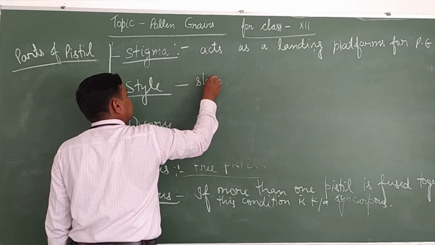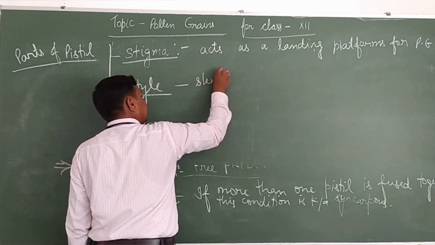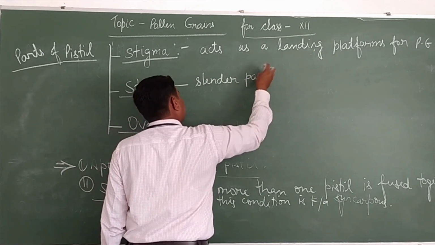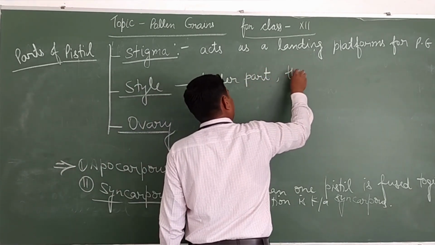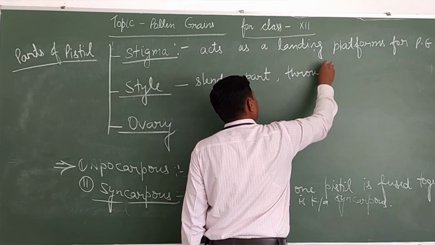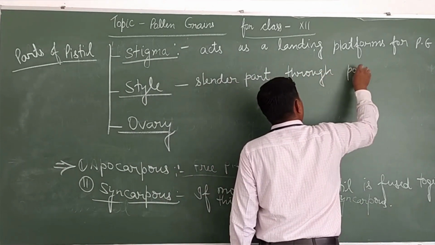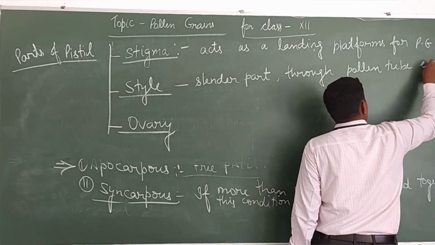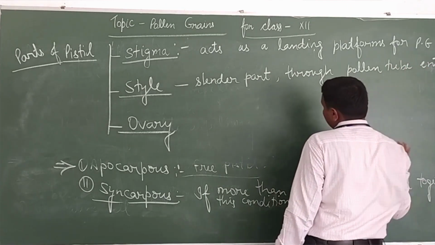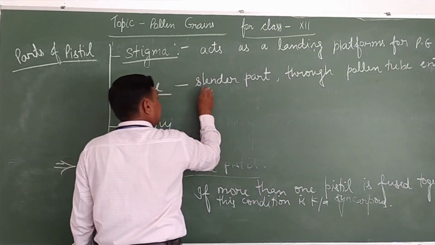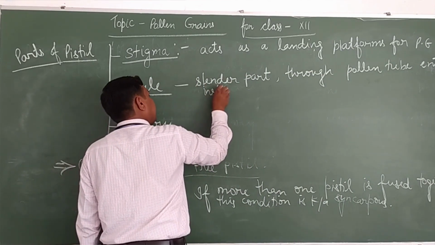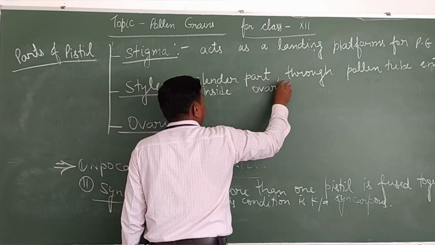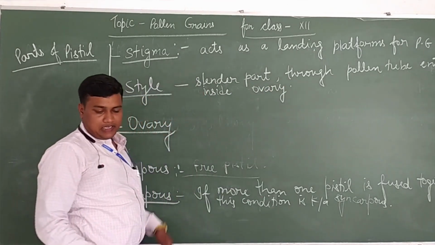Style is the cylindrical part through which the pollen tube enters inside the ovary, the female gametophyte.